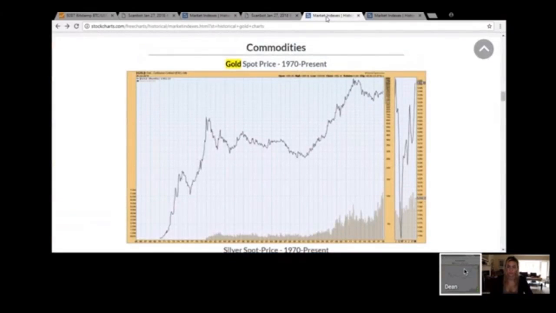This is the gold prices from 1970. 1 year later, in 1971, as we've mentioned before, the gold window was closed by Richard Nixon.